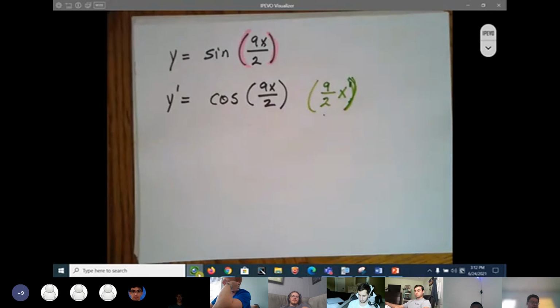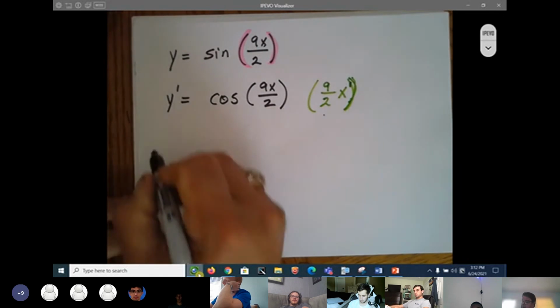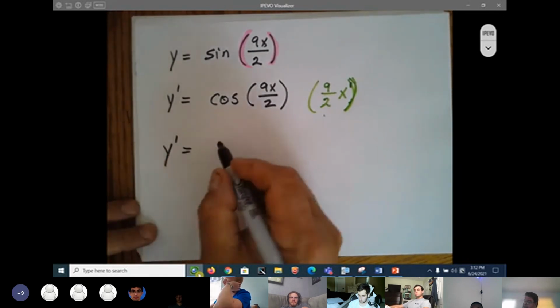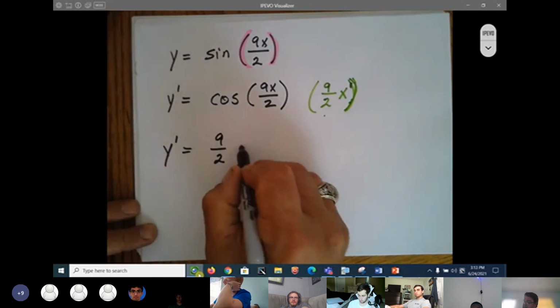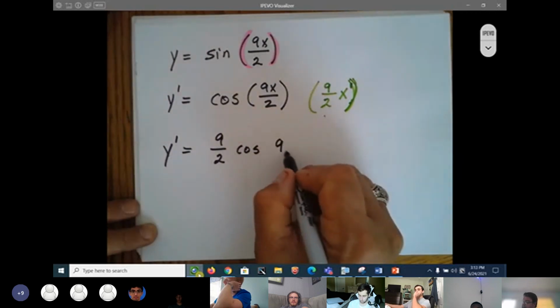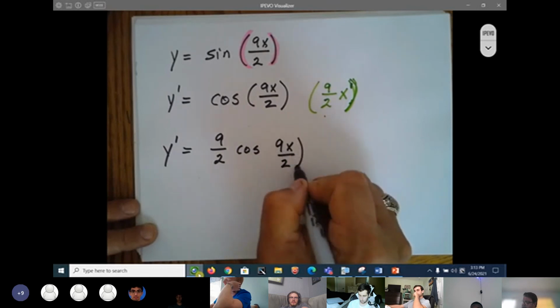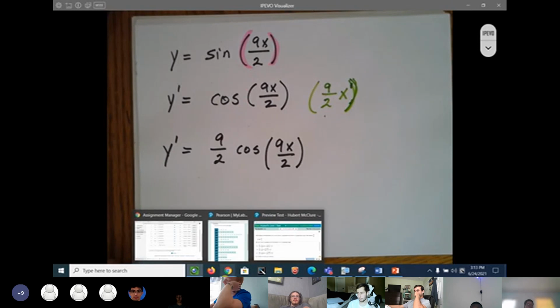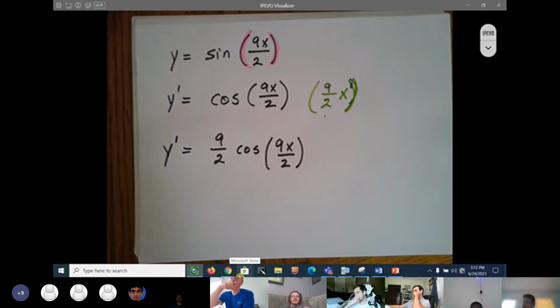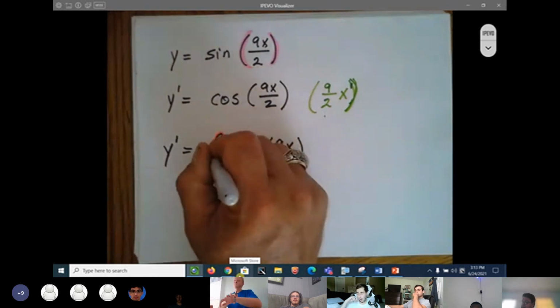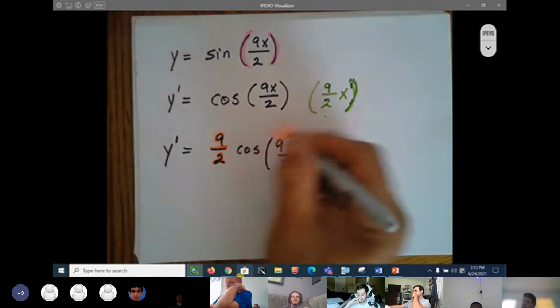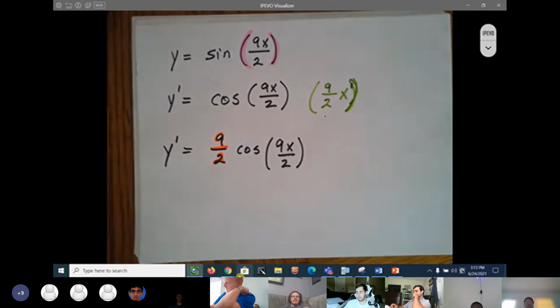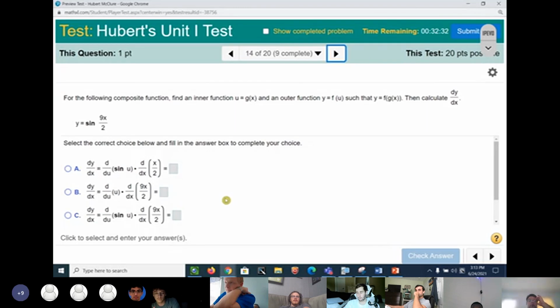So the problem, y prime is equal to 9/2 cosine of 9x over 2. I'm going to put orange right here, so you know we took the derivative of that.